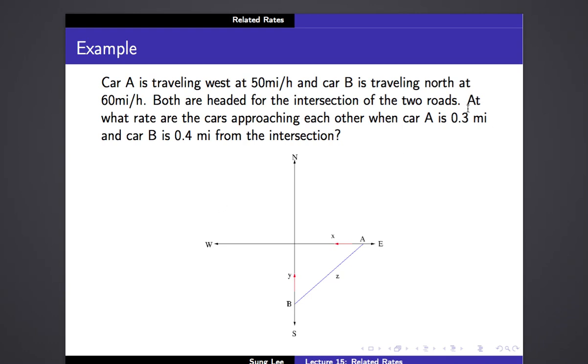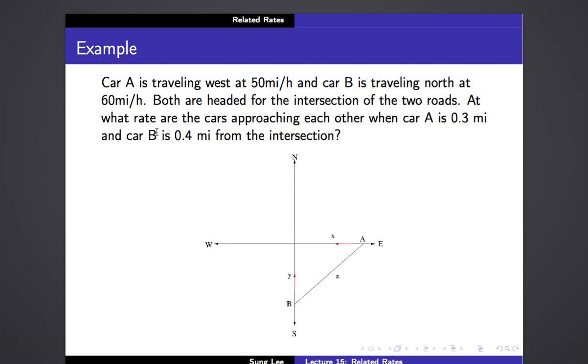We are trying to find the rate at which the two cars A and B are approaching each other. So we are trying to find dz/dt when car A is 0.3 miles from the intersection, so x equals 0.3, and car B is 0.4 miles from the intersection, so y equals 0.4.